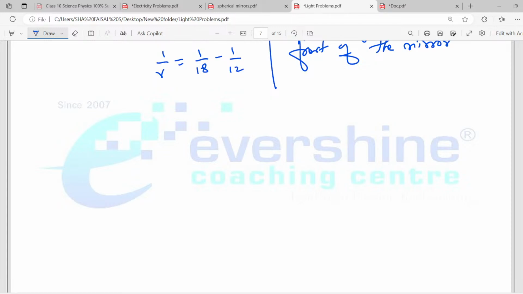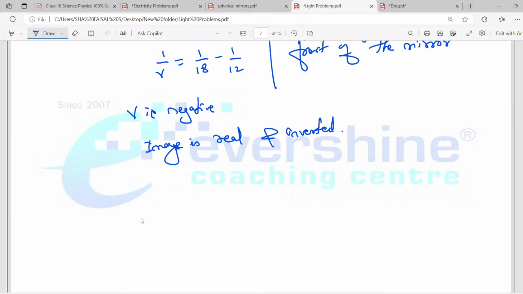So determine the nature of the image. From this, what all can we conclude? We can conclude that v is negative. Correct? The value of v is negative, no? So you can say image is real and inverted. And also the value of v, you can see it is 36 centimeter.